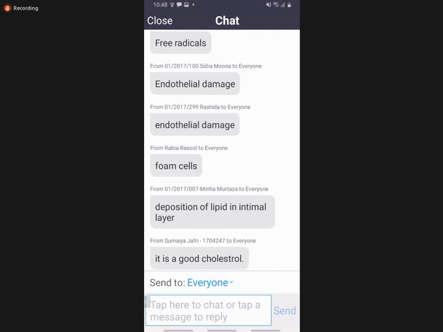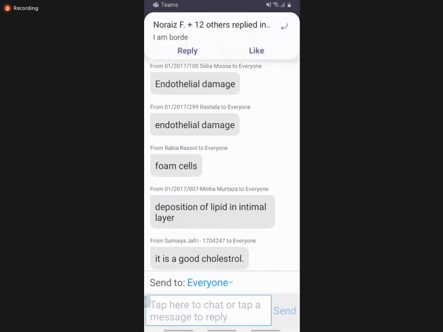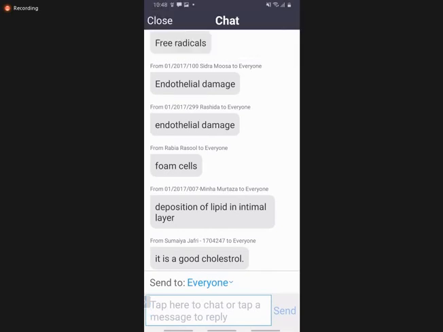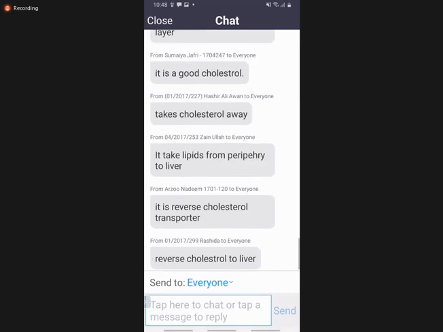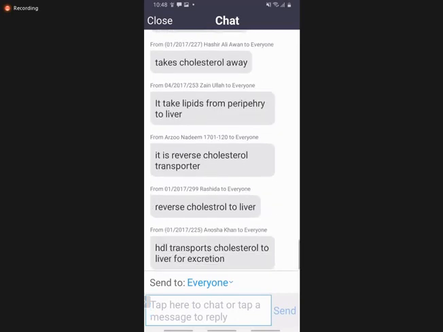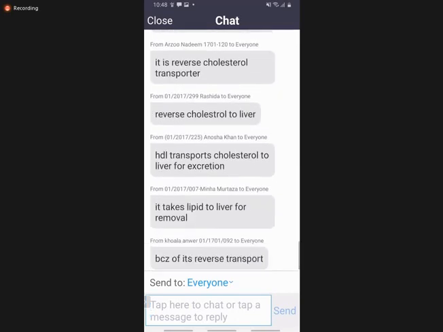It's a good cholesterol. Sumaya, you are right. Why is it a good cholesterol? Give me a reason. Because it is cardioprotective. Why is it cardioprotective? It takes it left. Very good, Zan. Very good, Arzu. It is a cholesterol transporter. Good.